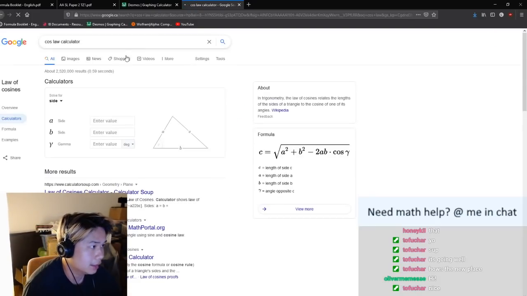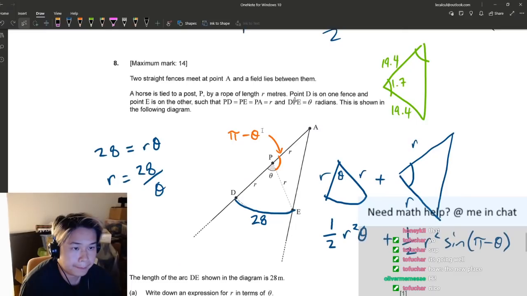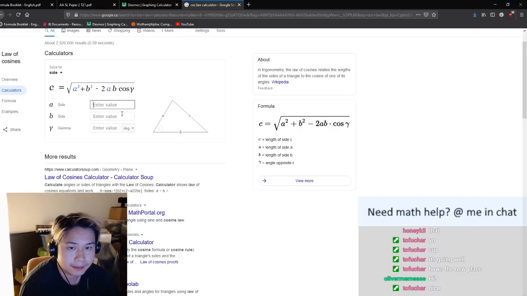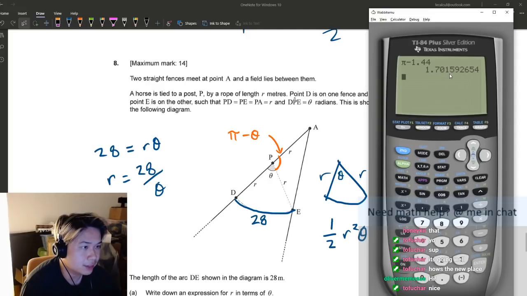I'm going to use a cosine law calculator. Okay. So 19.4, 19.4, 19.4, and then that angle is 1.7, 1.701592.